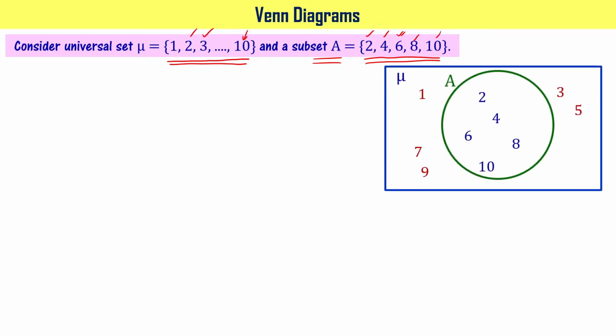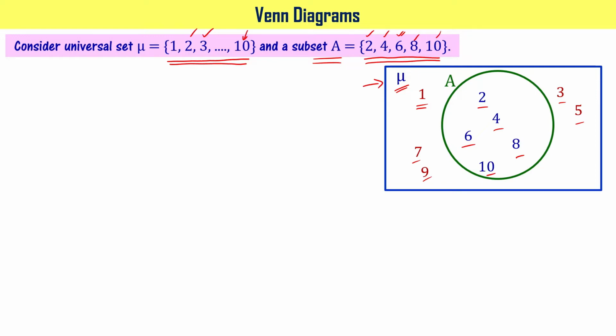When you represent that in pictorial form, A has elements 2, 4, 6, 8 and 10, right? And the remaining elements 1, 3, 5, 7, 9, okay? These two things put together, elements of A and the remaining elements 1, 3, 5, 7, 9, put together are called the universal set or mu, right?